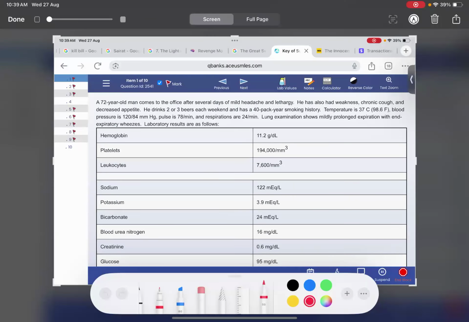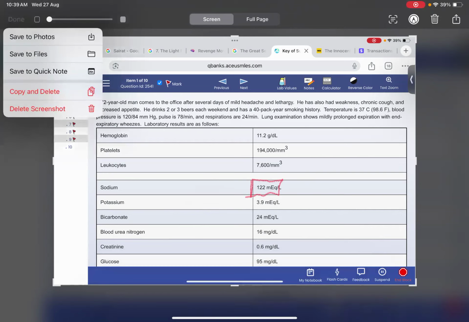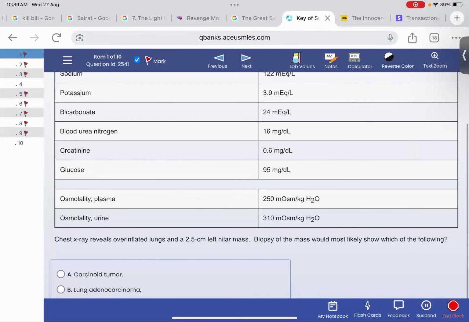For example, a patient is having a case of hyponatremia. This is abnormal. So what do you think happens in the urine osmolarity? Osmolarity in plasma is 250 mmol per kg H2O, and osmolarity of urine is 310.